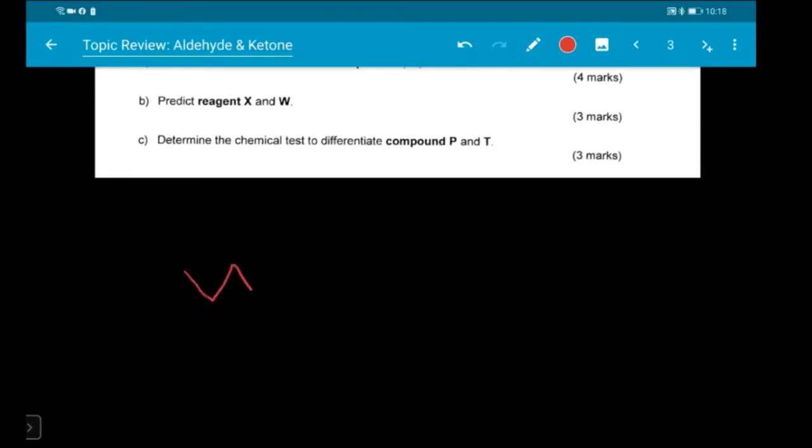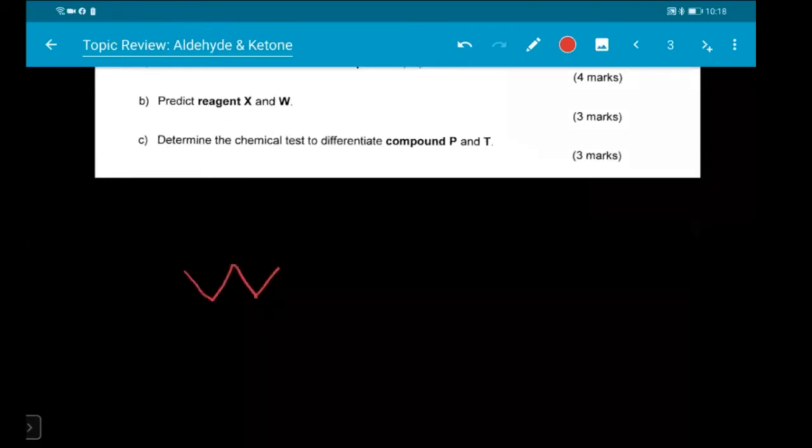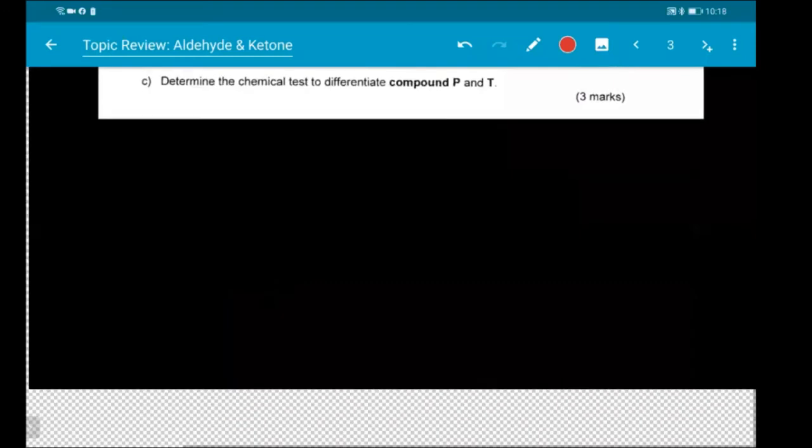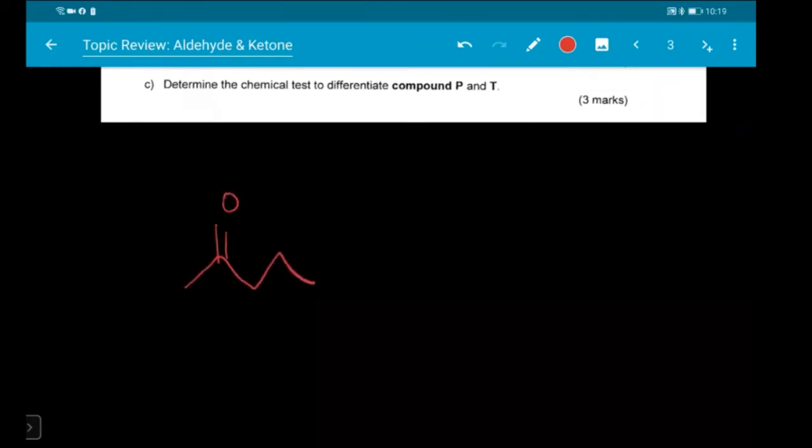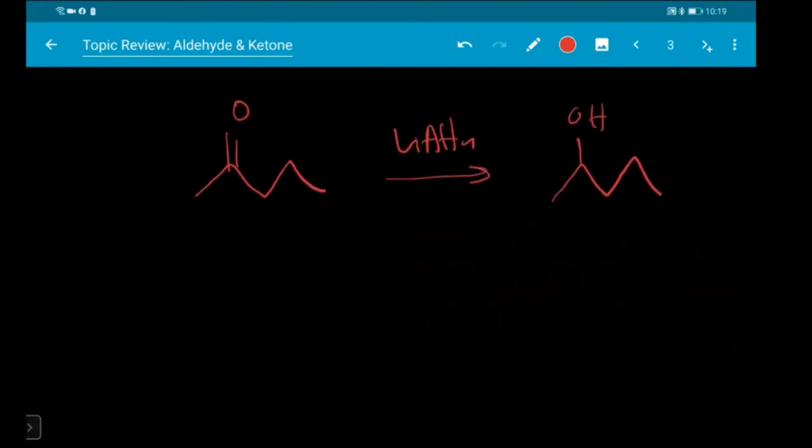Katakanlah, tadi structure dia macam ni. Ni jawapan lain berdasarkan video. Dia punya soalan tadi, instead of using lithium aluminum hydride untuk jadi alkohol, dia akan jadi begini kan. What happen if you use Grignard reagent?